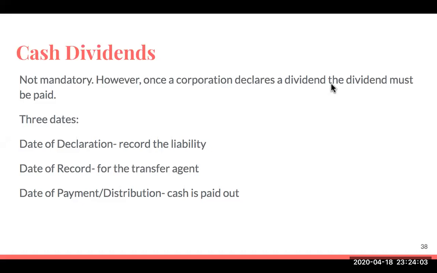Before the cash dividend actually happens, the company has to make sure that they have enough money. As a CFO and a CEO, more than likely before a dividend is being issued, you're going to be going to the board of directors. You're going to show them we have more than enough cash to last us for a long time, and therefore we would like to pay a dividend to our shareholders.